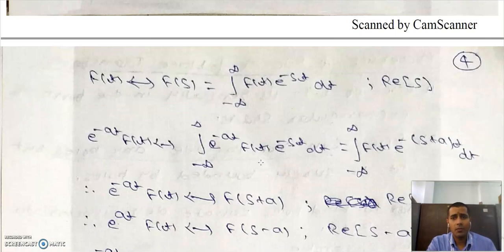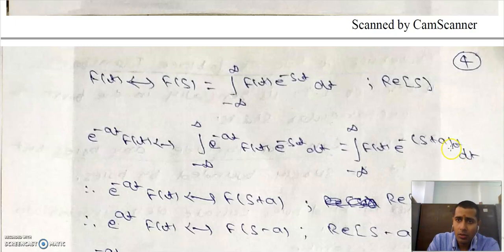If the Laplace transform of f(t) is F(s), which is written like this, as we have already seen, then for this we write the ROC as the real part of s. Similarly, for e to the power minus at f(t), the Laplace transform is the integral of f(t) e to the power minus at e to the power minus st. Here the base is the same, so we can write f(t) e to the power minus (s plus a)t dt.